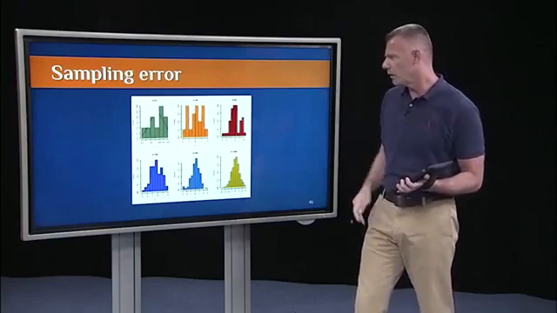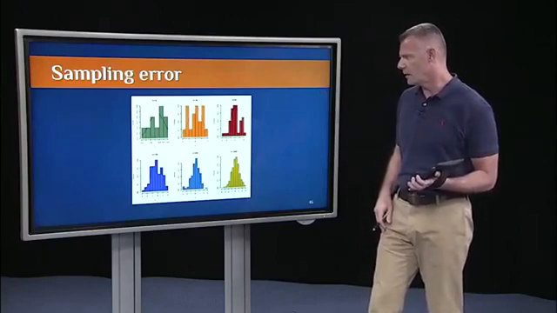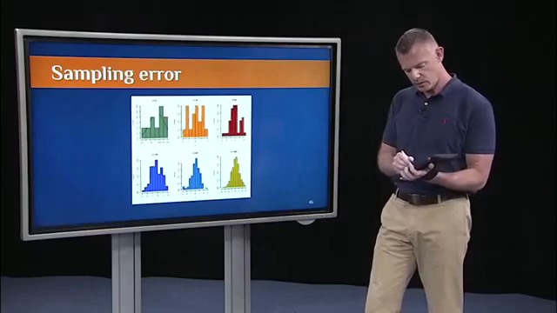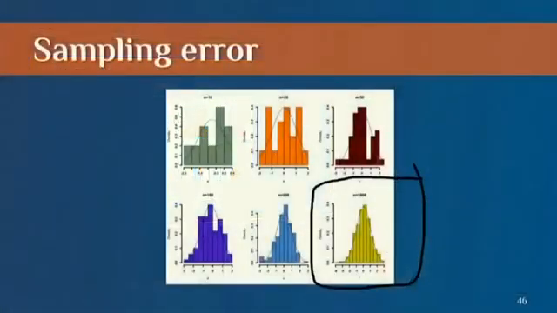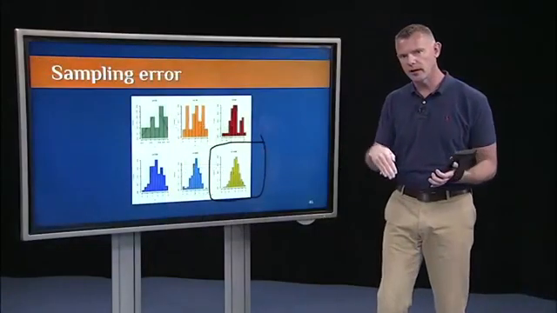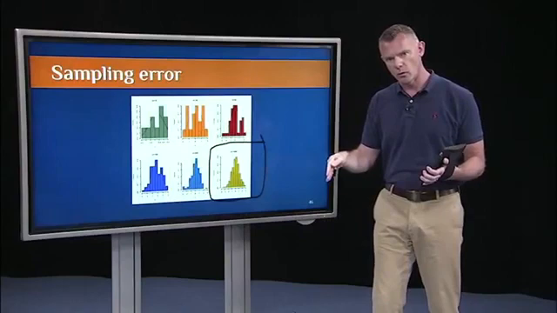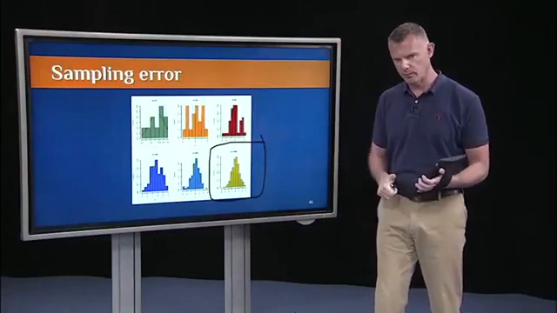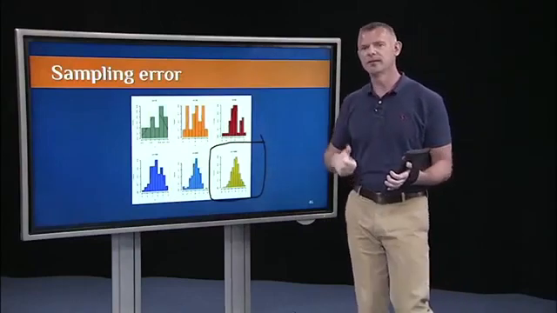The mode looks much higher than the mean. But then if we go to this really large sample, it's almost perfectly normal, okay? And that's going to happen as sample size increases. We're going to get reduced sampling error, and we're going to get a more normal distribution in our sample. So big sample sizes are great.